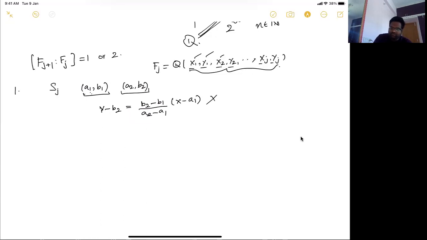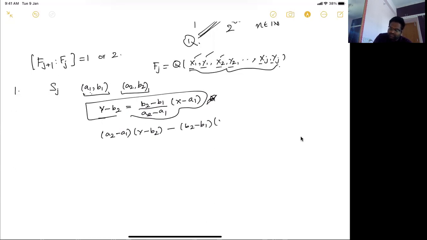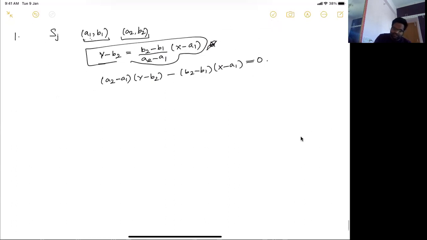To make sure that we don't divide by 0, we simply write it as (a2 minus a1) times (y minus b2) equals (b2 minus b1) times (x minus a1). So this equation is of the form lambda x plus mu y plus nu is equal to 0.